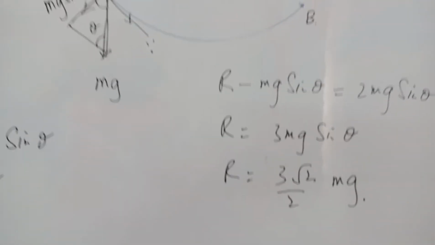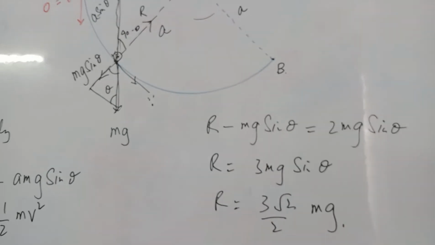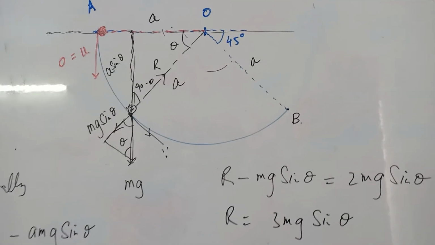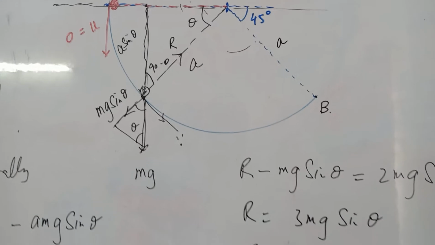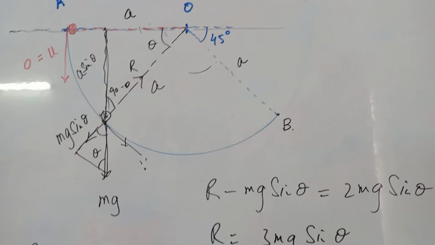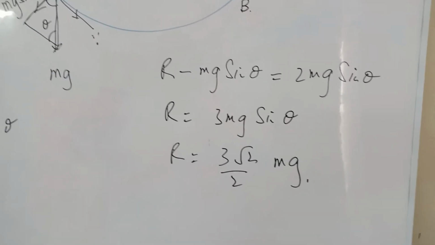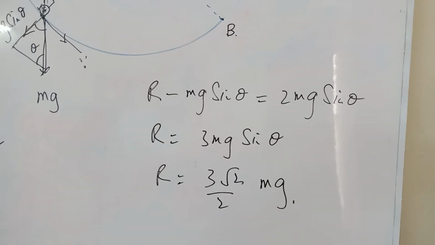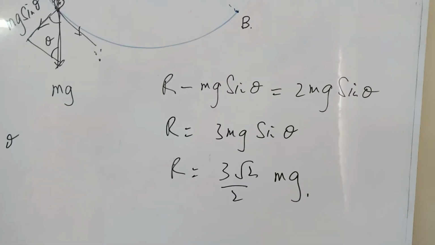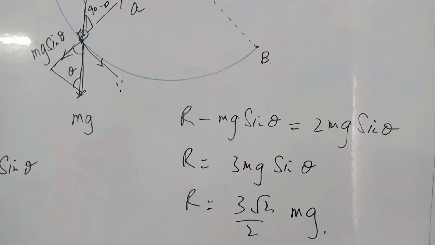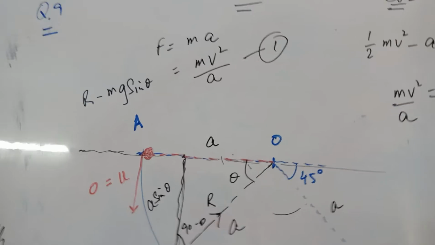Since we have to find the velocity at the point when it just leaves this circular track, which is point B, and at point B we have just determined the value of R, now let us use this value of R to find the speed. I can use equation number 1.